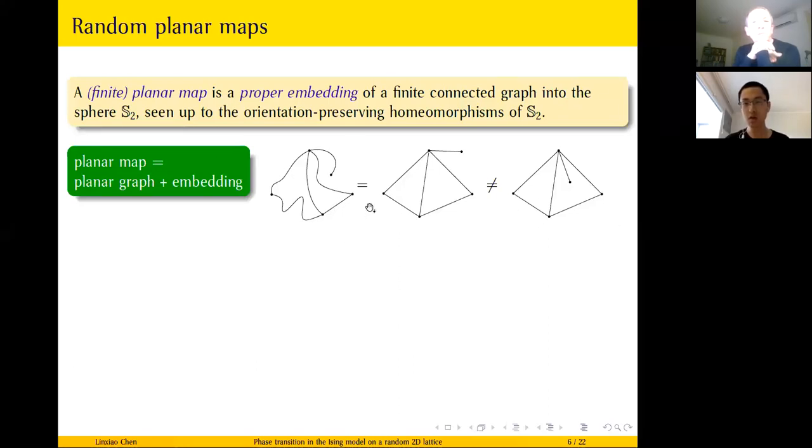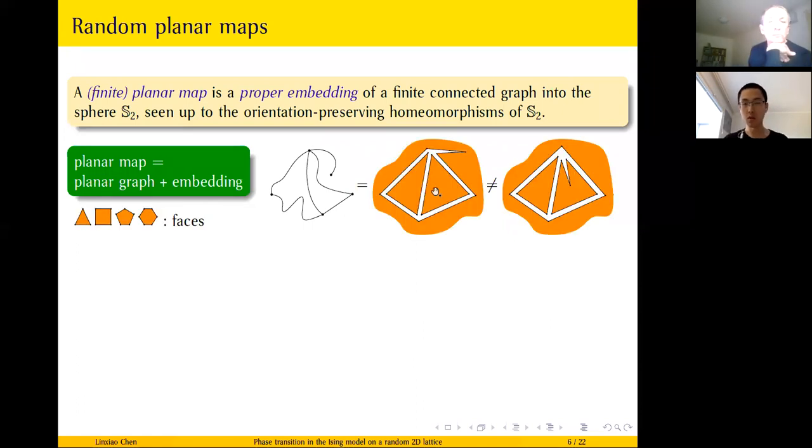Here I give 3 pictures of the same planar graph, but the first 2 represent the same planar map, while the third one represents a different planar map. The reason is that by deforming continuously the edges without crossing them, you can never move this vertex from outside to inside. Another way to see that the latter 2 examples are different is that you can cut the paper along the edges of your embedded graph.